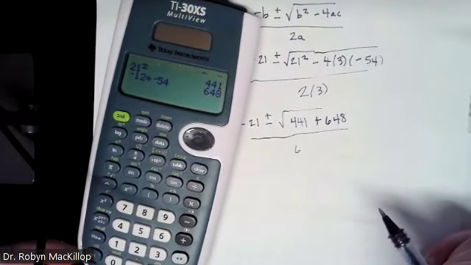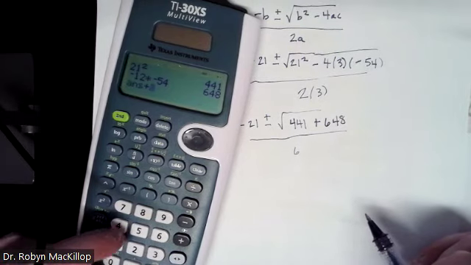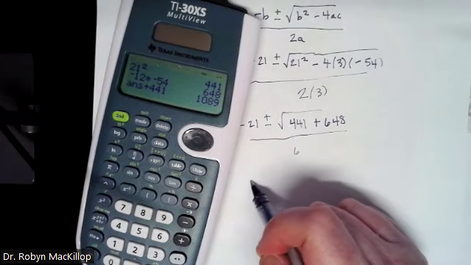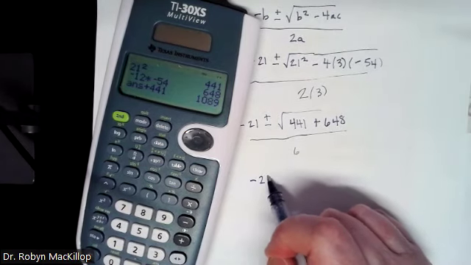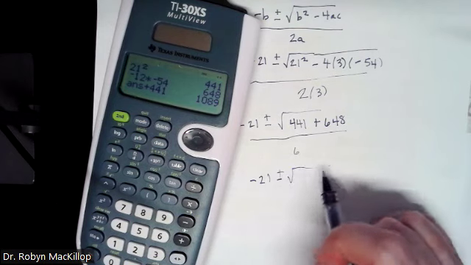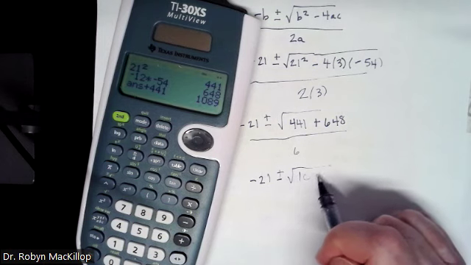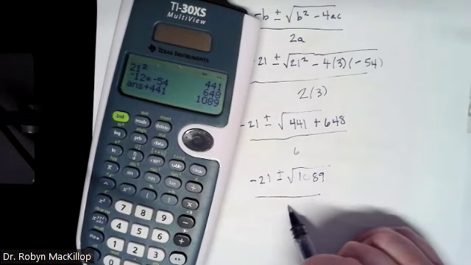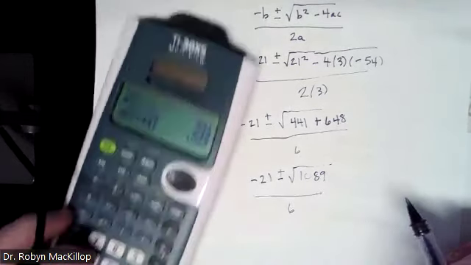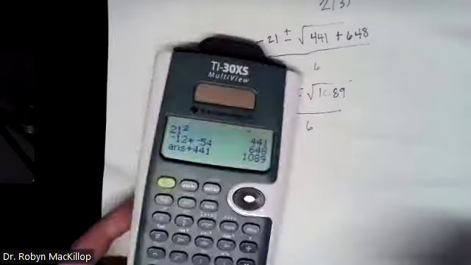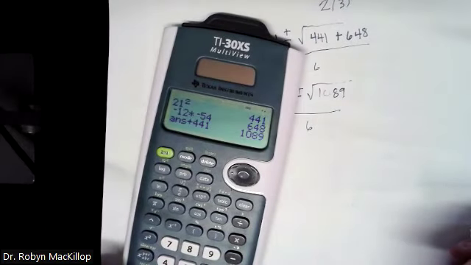And then 648 and 441 is, keep writing, negative 21 plus or minus square root of 1089 over 6. And then we need the square root of 1089.